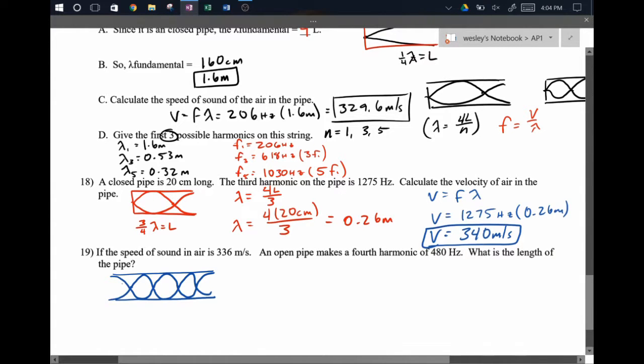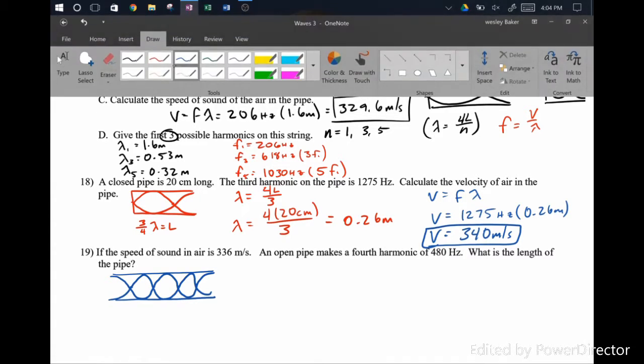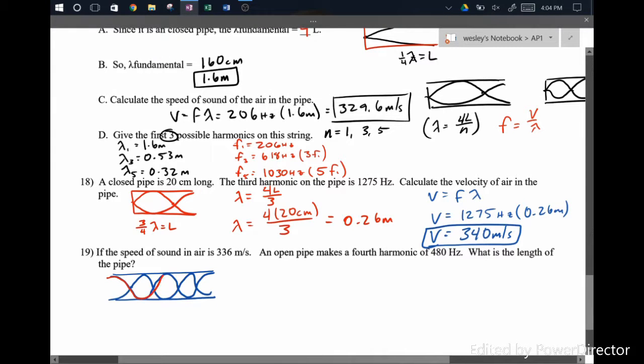If it's the fourth harmonic, we have 2 full waves. So if we have 2 full waves, that's 2 lambda on L. So L is equal to 2 lambda.